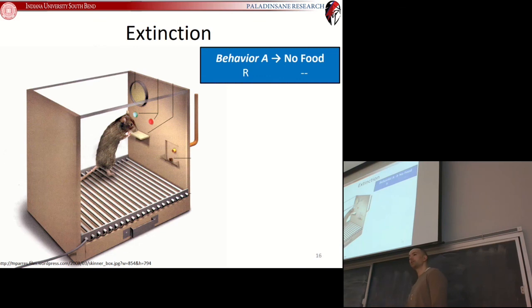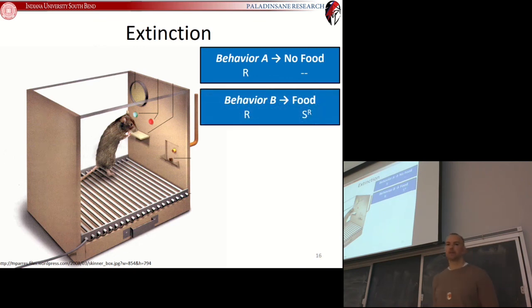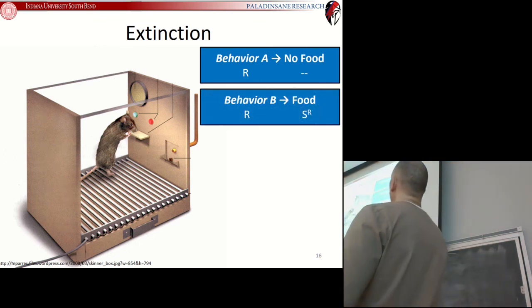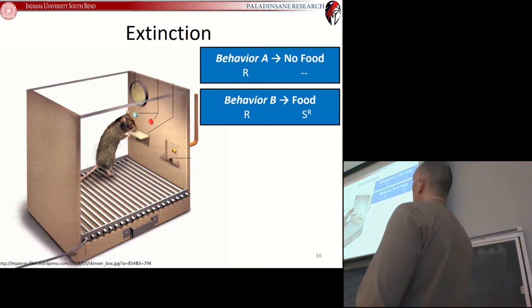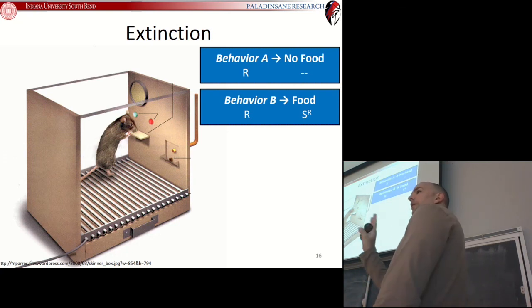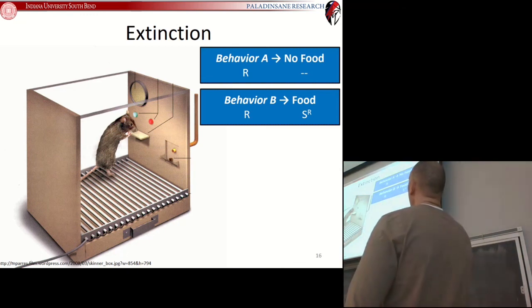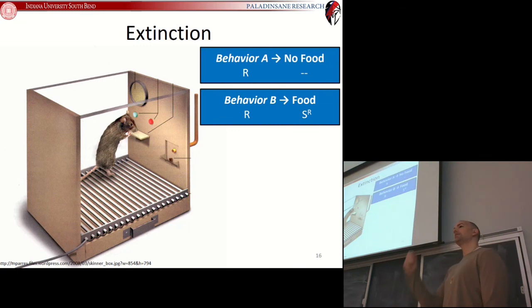So what you do to alleviate those side effects is you introduce a concurrent schedule where you have a new behavior, and that new behavior is now being reinforced. So if Sniffy was bar pressing for food, and you don't want Sniffy to bar press anymore, you might use an extinction procedure and say, all right, no more food for bar pressing. However, you might say, all right, but what I'm going to do is I'm going to reinforce behavior B. So if he presses a panel, right, if he presses a little button with his nose, then he'll receive food.